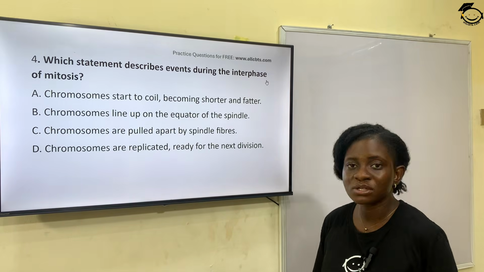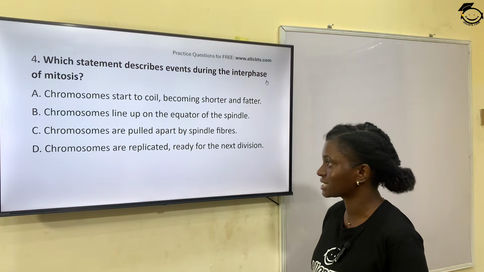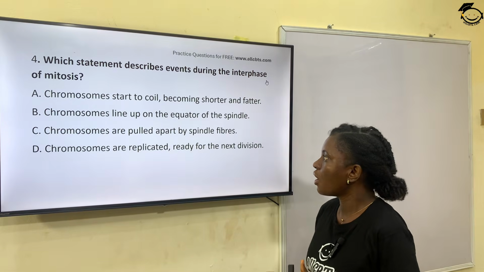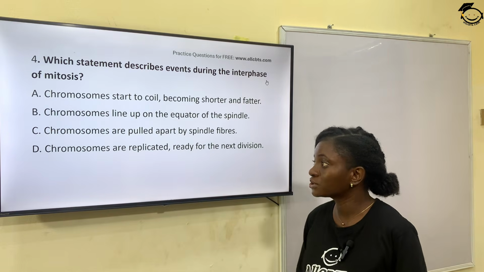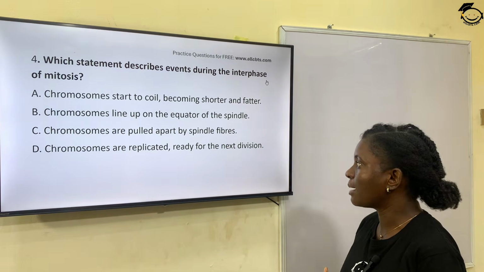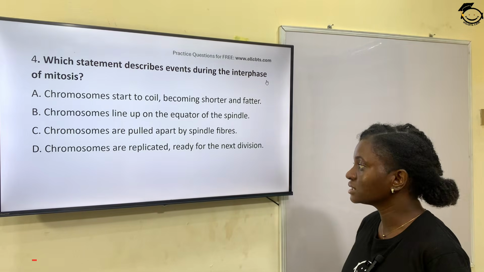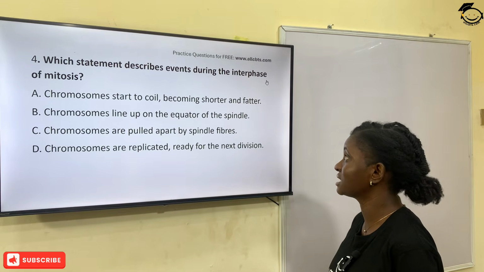Option A, chromosomes start to coil, becoming shorter and fatter. Option B, chromosomes line up on the equator of the spindle, that's metaphase. Option C, chromosomes are pulled apart by spindle fibers. Option D, chromosomes are replicated, ready for the next division.